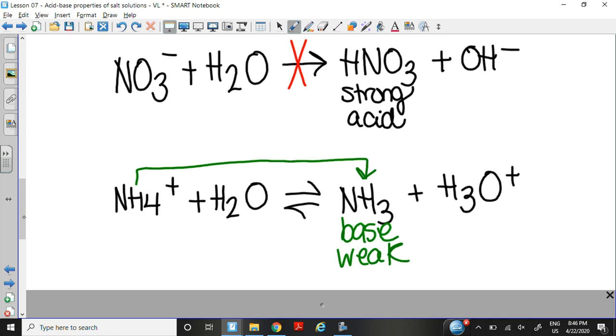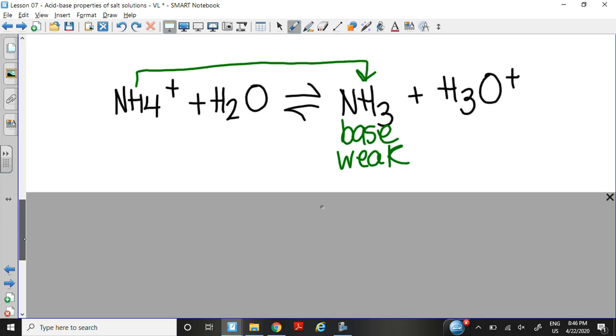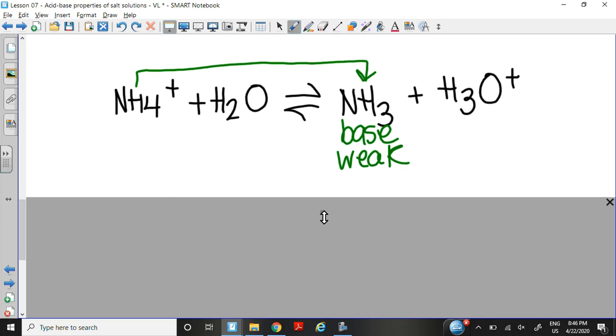So again, we're going to backtrack and do the same thing that we just did for the previous example. What's going on with ammonia? Ammonia loses a hydrogen. Anything that loses a hydrogen is acting like an acid. Other clue here, we've got H3O+, which is hydrogen ion, which we know is acidic.